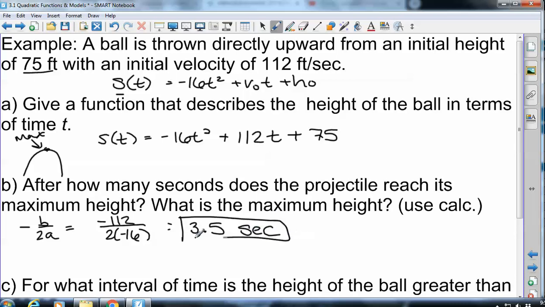It's after 3.5 seconds. What is the maximum height? Height is the y, so you have to plug the 3.5 in. And I get 271 feet.